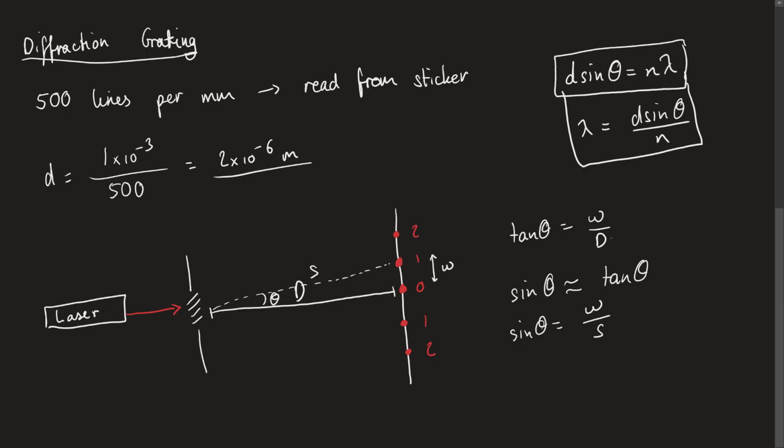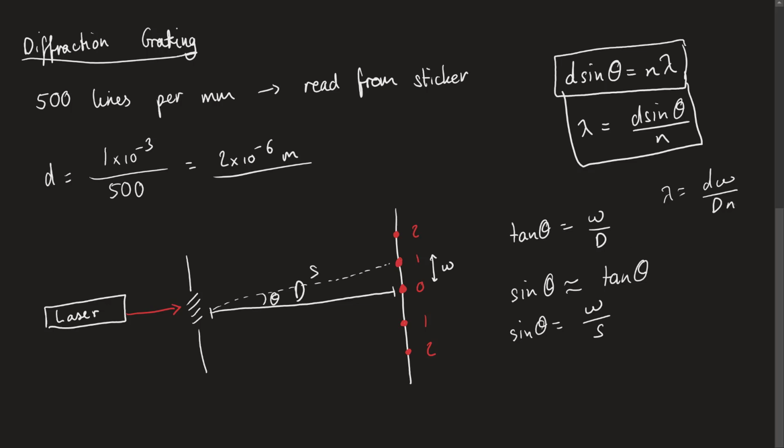The eagle-eyed amongst you will notice that if I actually put this expression in for sine theta, then lambda becomes dw over d n, and d is the same as s, so I end up with the same expression I had before. So they are a very similar experiment because you haven't really changed much but the diffraction grating.